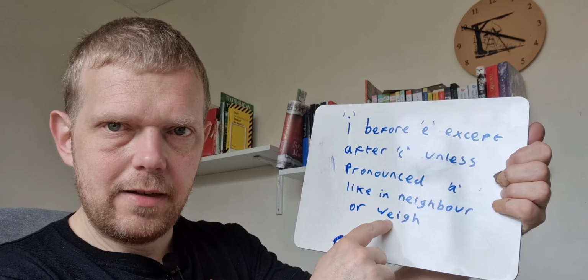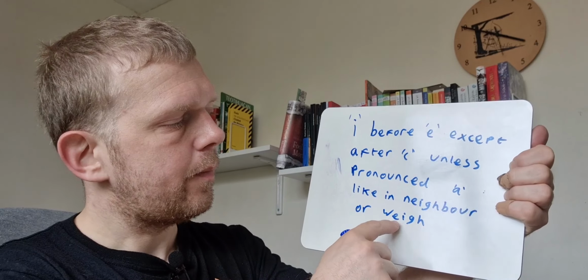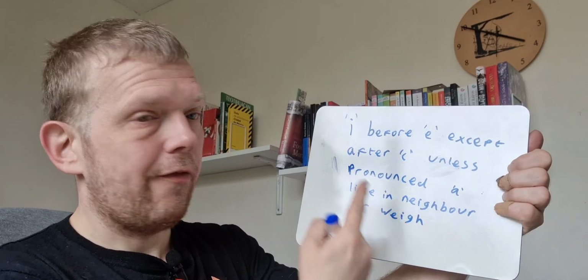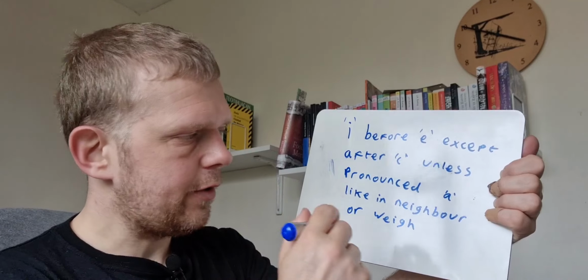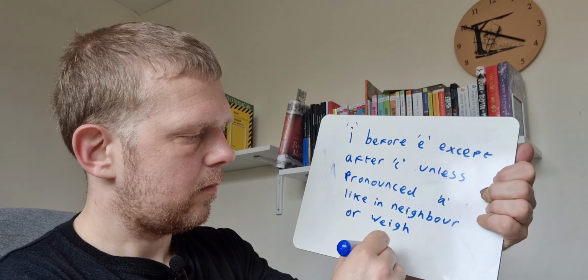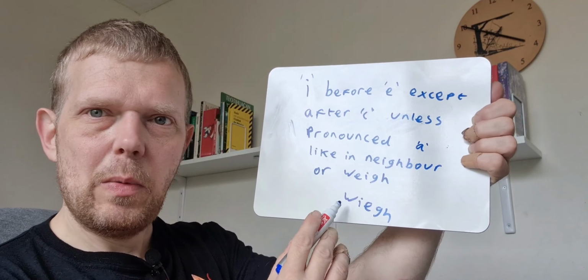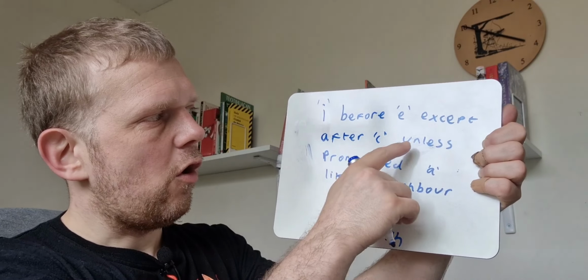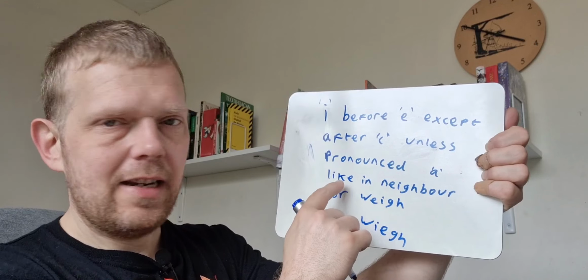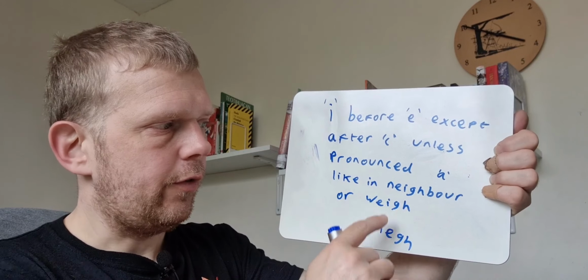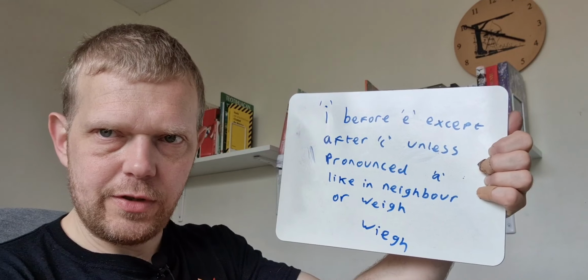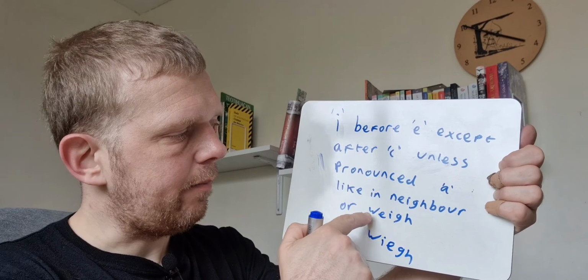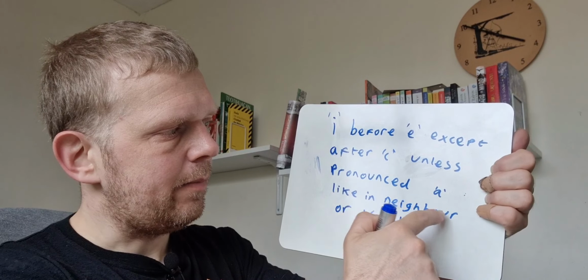So I is after E. Unless pronounced A, like in neighbour or way. So these are exceptions because of the pronunciation.